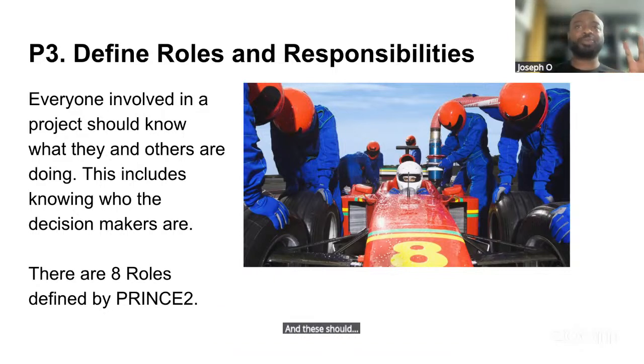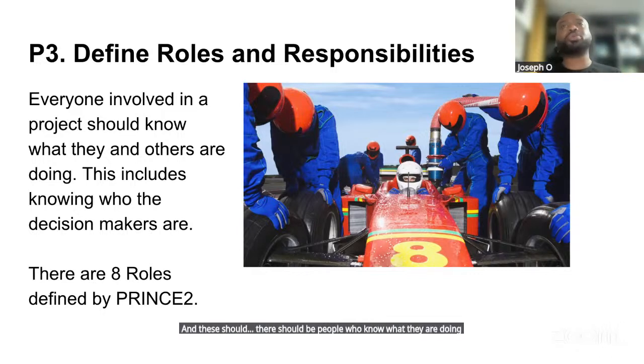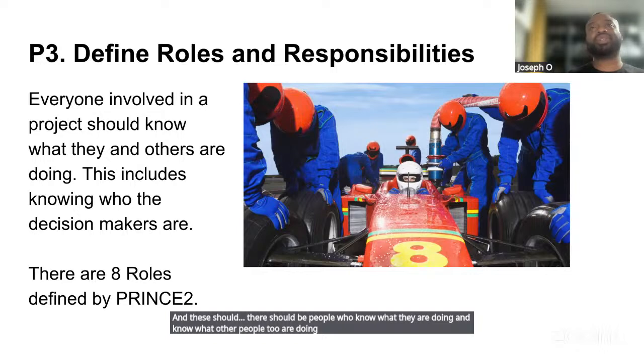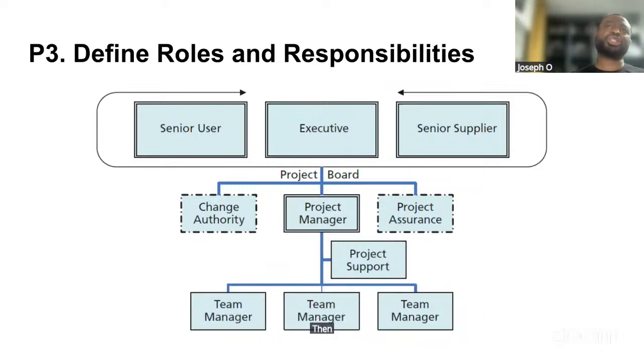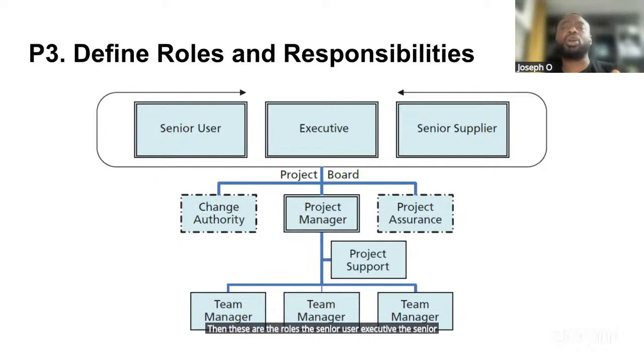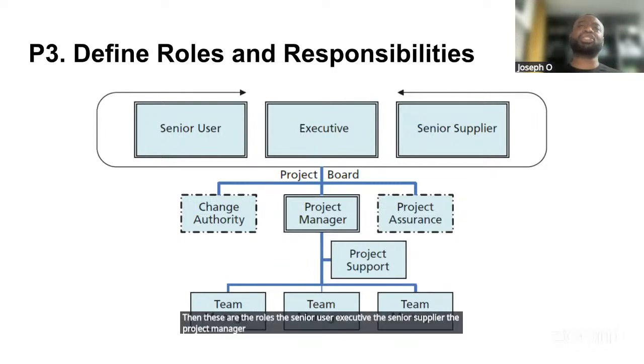There should be people who know what they are doing and know what other people are doing. There shouldn't be anyone not knowing what they are doing within the project environment. These are the roles: the senior user, the executive, the senior supplier, the project manager, project support, the team manager, and then the change authority or project assurance based on the size or scale of the project.